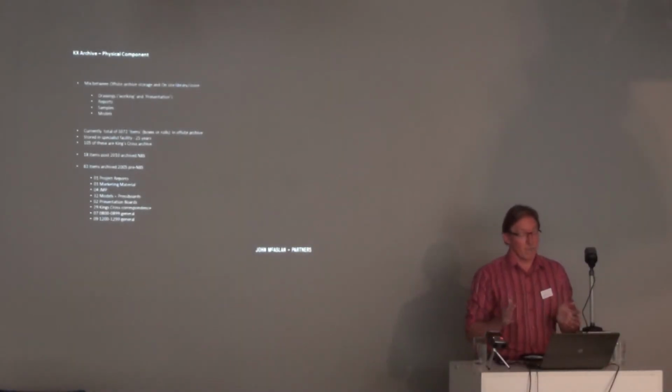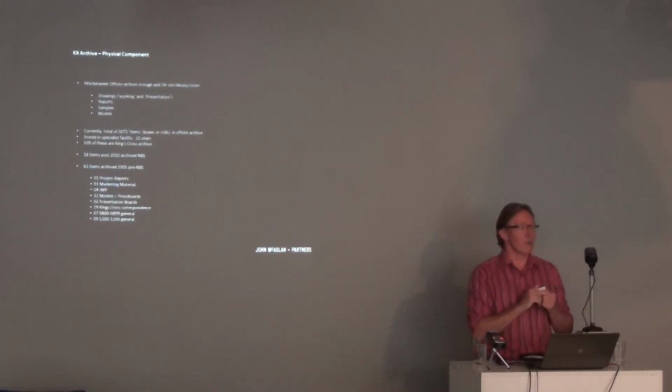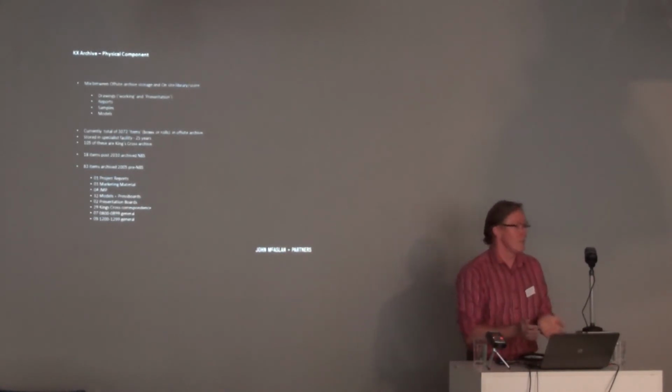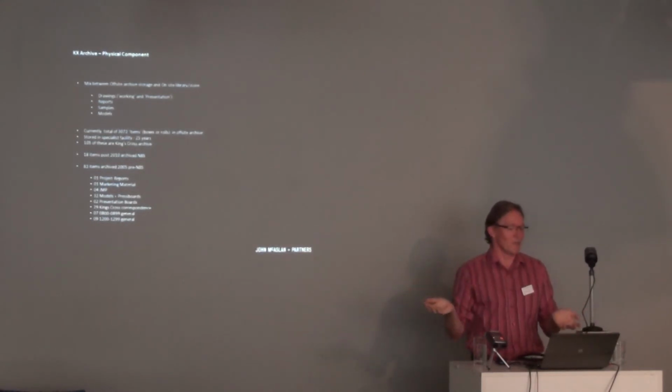We also have a physical component that we manage, and we're quite pragmatic about that. The digital is owned by me, the imagery is owned by an image librarian, and the physical component is owned by the Office Manager, whose organisation of that archive is quite pragmatically based on organisation of space in the office.